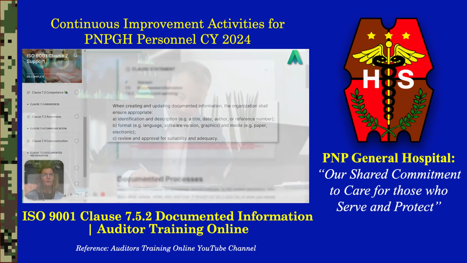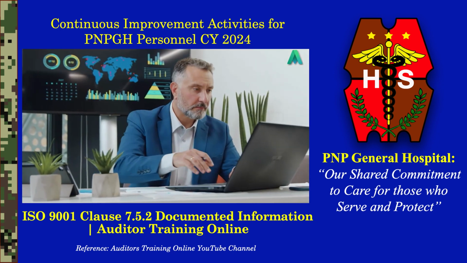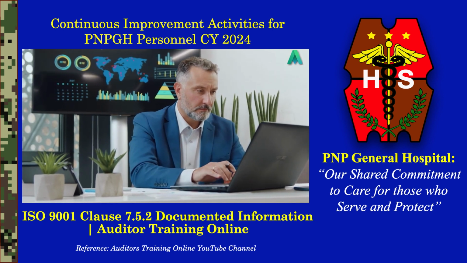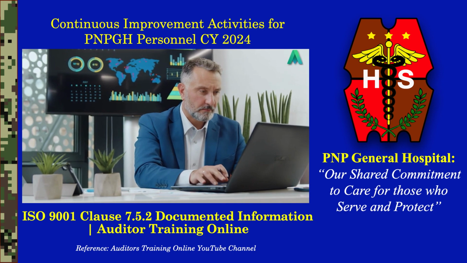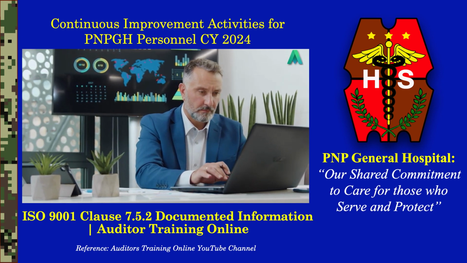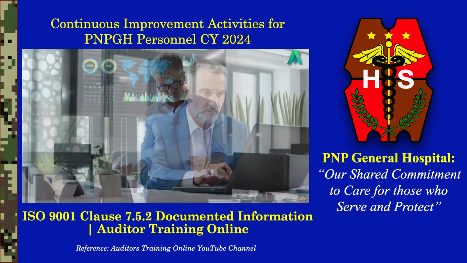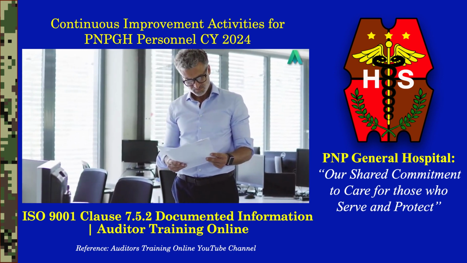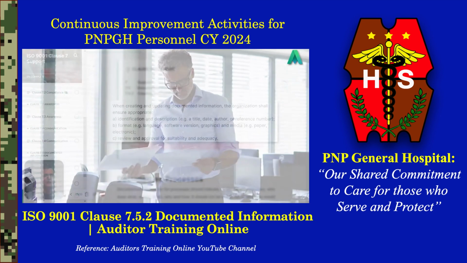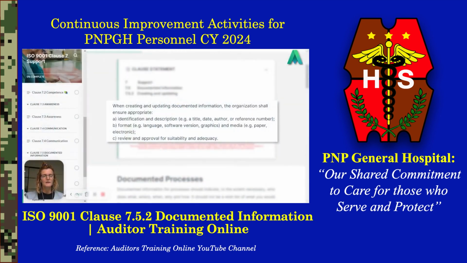So part of your system or your process when you create and update your documented information is that you need to have some sort of review and approval process. So you might have an SME document a new procedure or update an existing procedure, but it should always go through a review process. So someone's checking it to see, one, is it accurate?